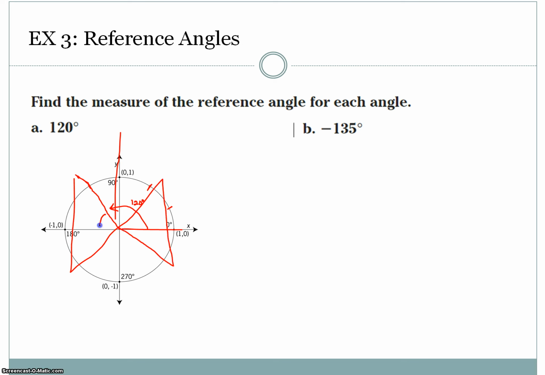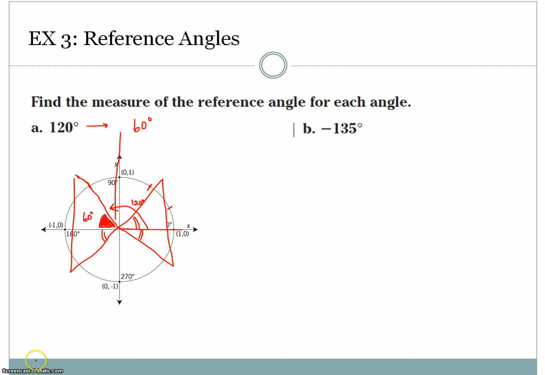Now the question is, what's this angle right here? Whatever this angle is, it's the same angle here, here, and here, which means this 120-degree angle has the same parts as all these other triangles. So if this is 120 and halfway around the circle is 180, that makes this 60. And so its reference angle is 60 degrees.